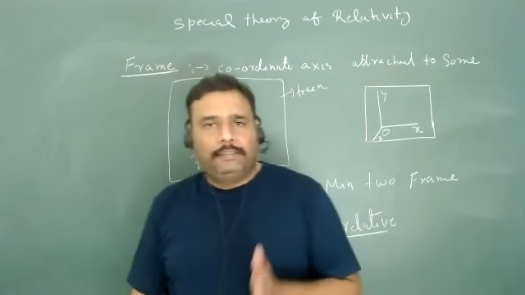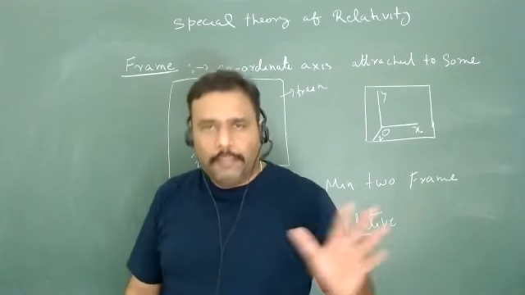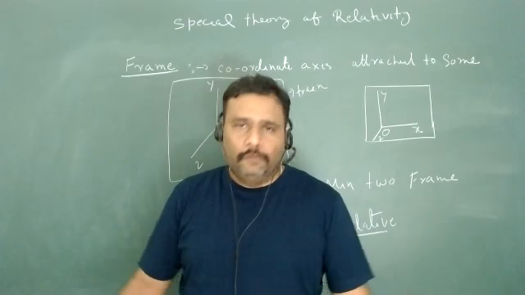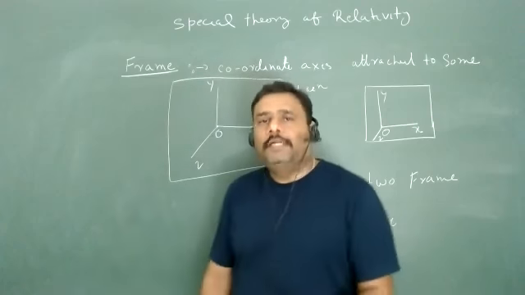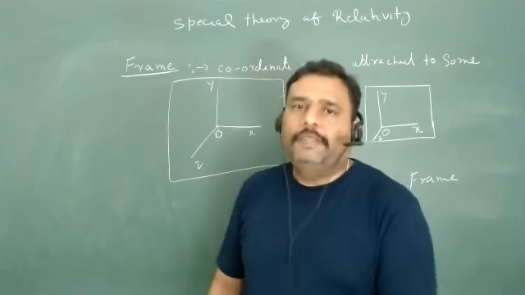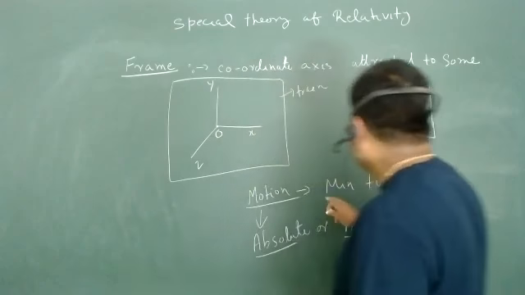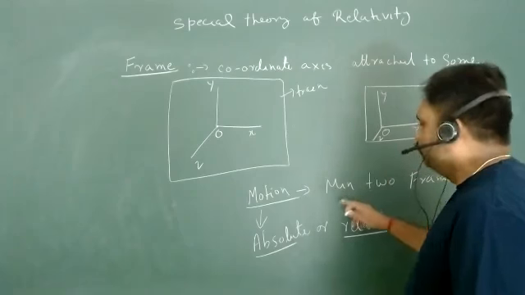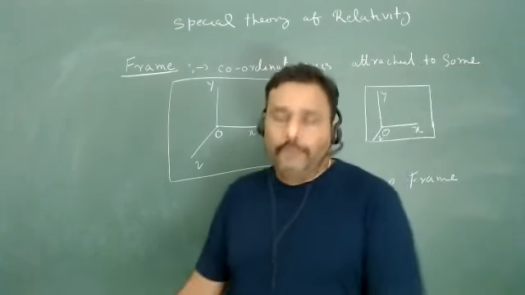Can we say that any motion is absolute motion? No, you cannot say. Motion is always relative, always relative. So I am saying there will be minimum two frames such that you can define the motion.